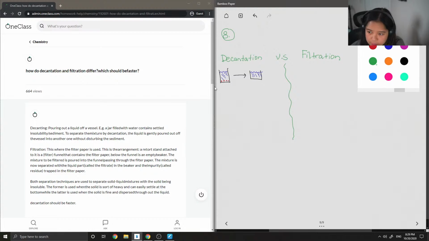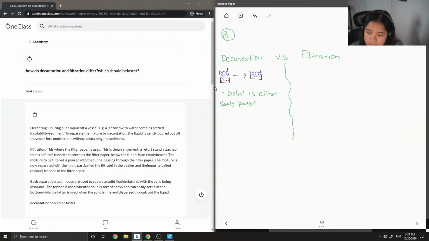So basically for decantation, your solution is either slowly poured out or you can just transfer it out using a pipette or something.